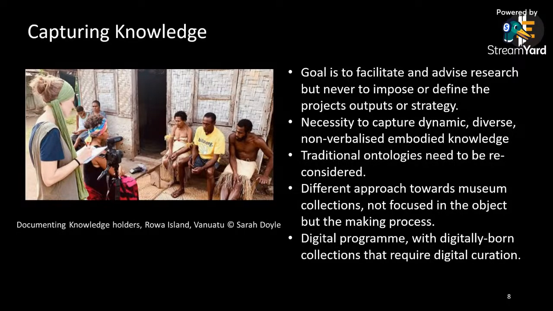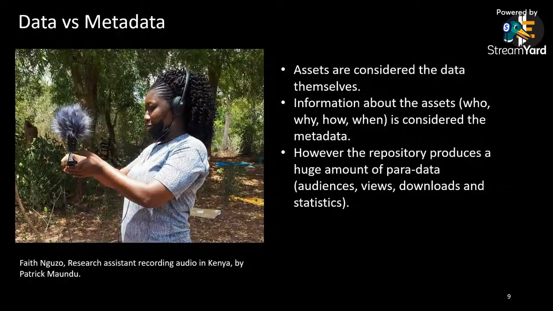As I said, this is a digital program, and we work with digitally born collections that require a different perspective, because we work with digital outputs and also digital curation. So we care for the outputs to be published online, and then we need to make sure they remain there and remain accessible.